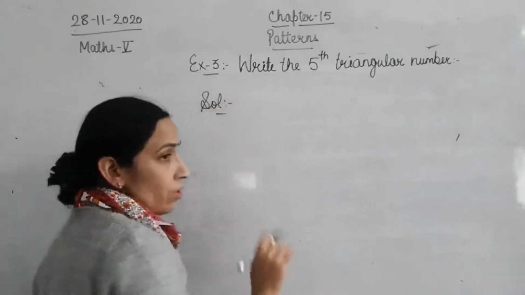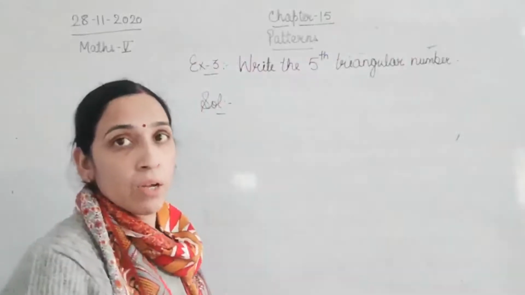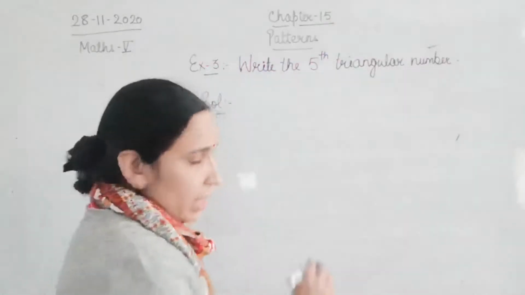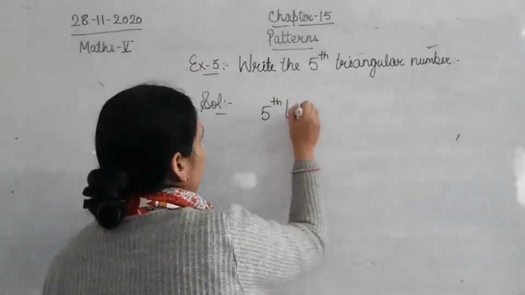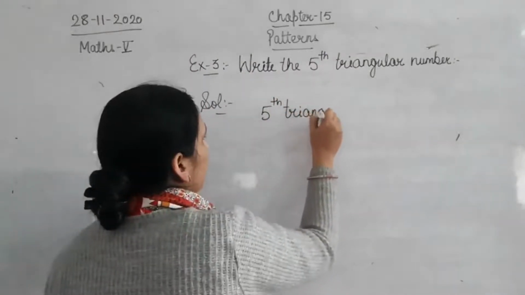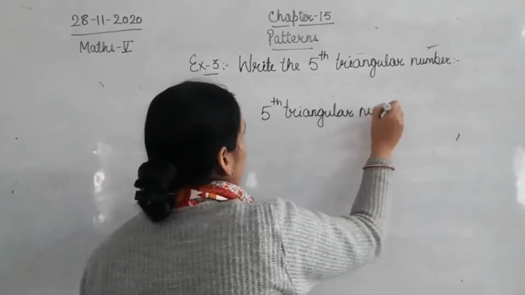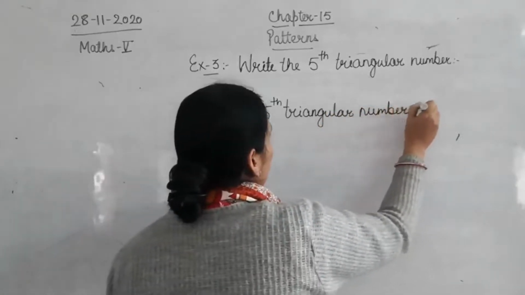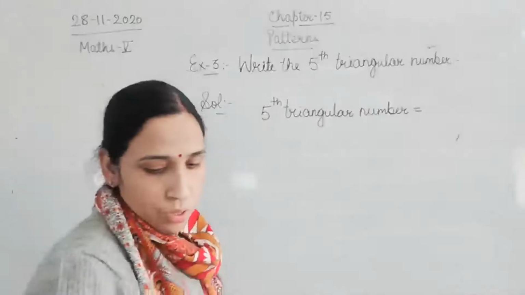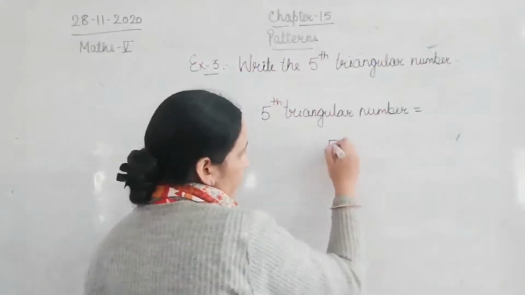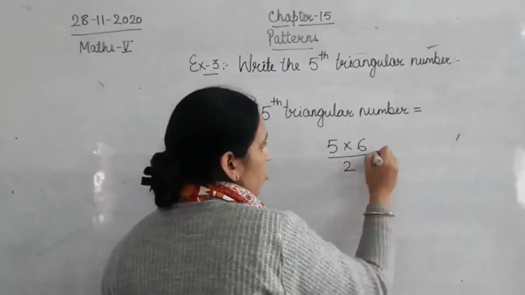Now the fifth triangular number is equal to 5 times 6 divided by 2.